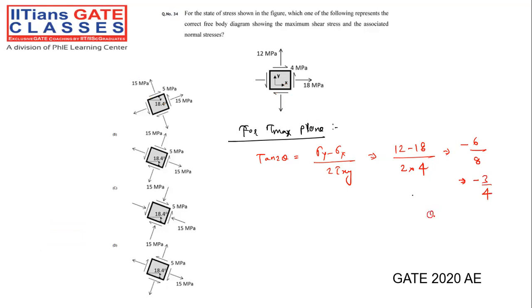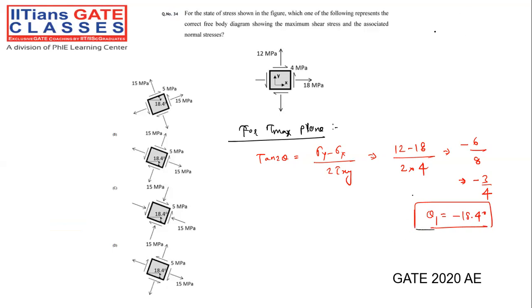One will be theta 1. If you just take the tan inverse of 3 by 4, you will be getting something like minus 18.4 degree. One value, that means clockwise, from the axis of the plane, from the horizontal, clockwise. The other value you can calculate.